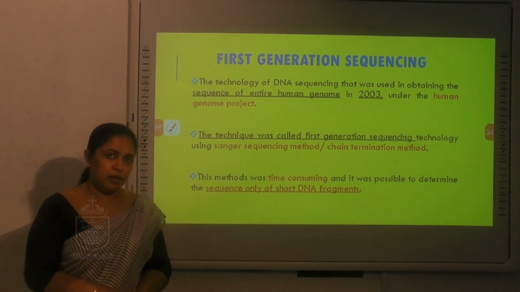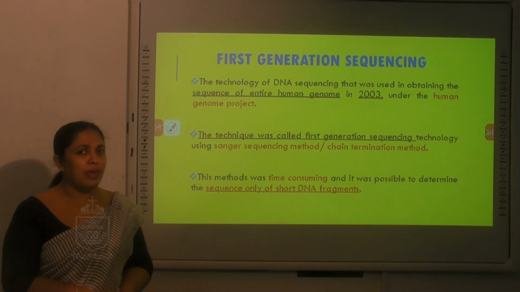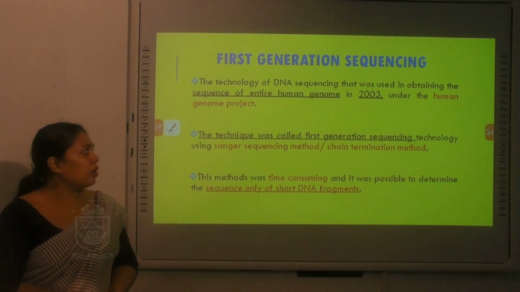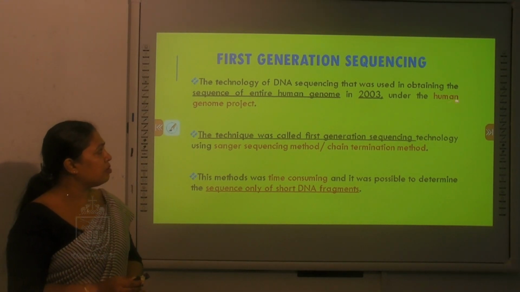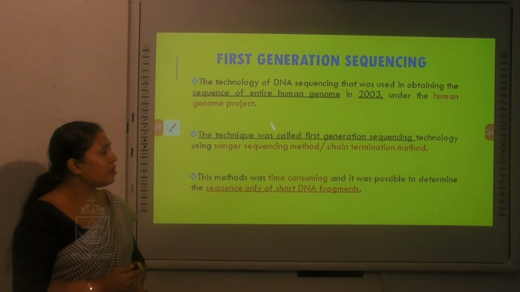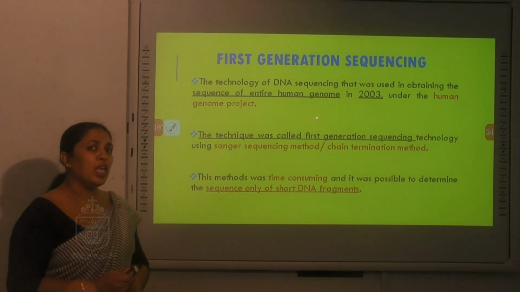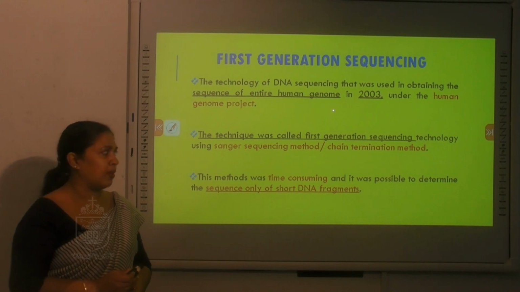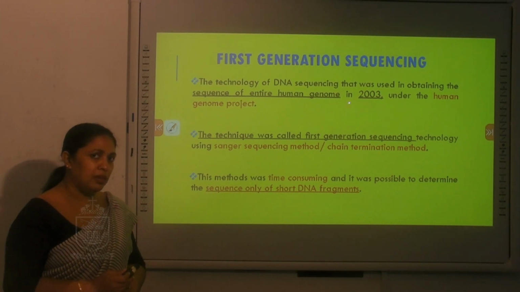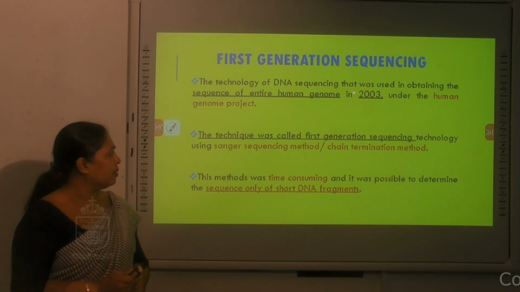And this technique has greatly improved, as I told. In 2003, the Human Genome Project was completed. It means the entire human genome was sequenced, all the possibilities of genes of humans.